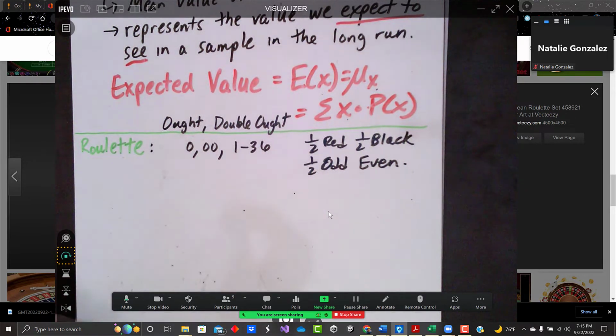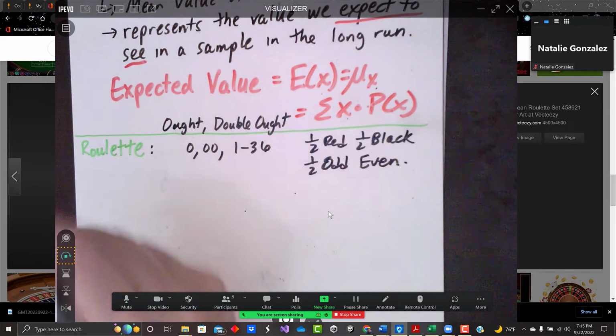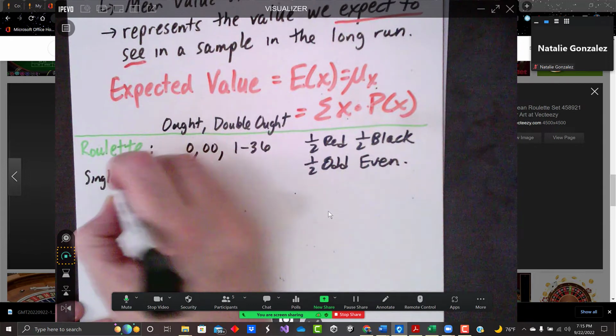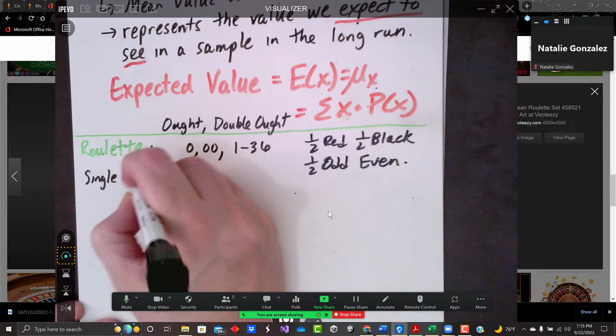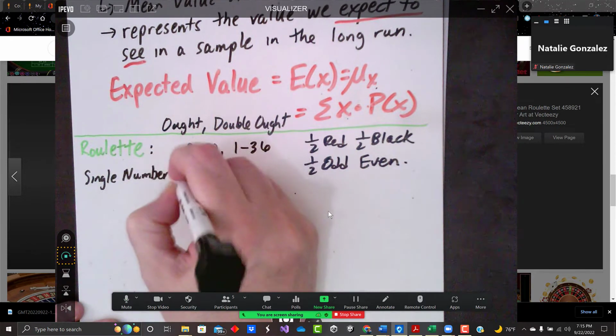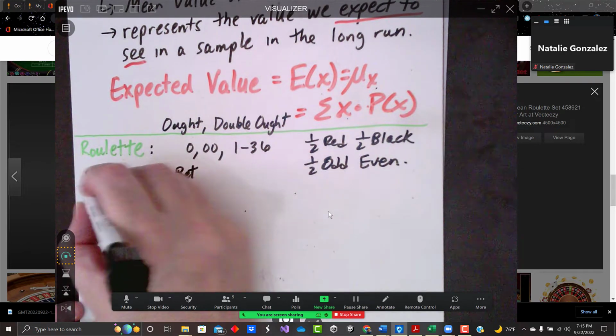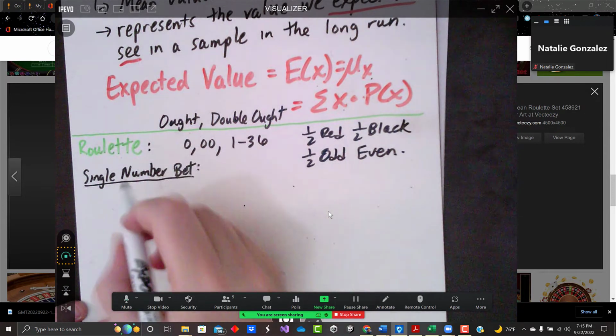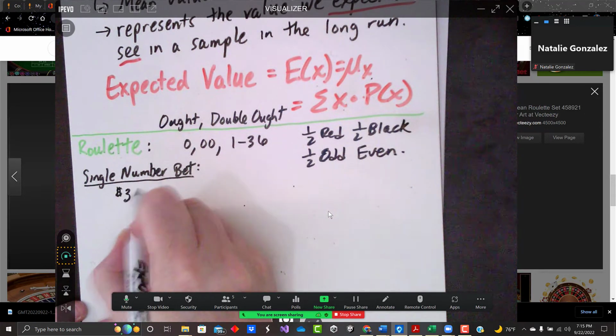So we'll look at the single number bet, not single player, single number bet. It pays 35 to 1.